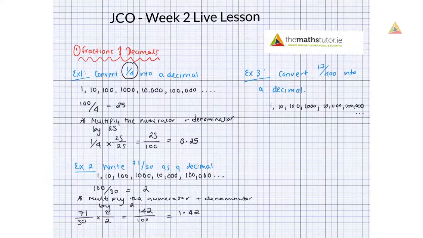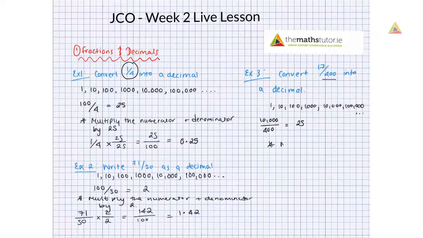Now what we need to do is we need to look at the denominator, which is 400. Which one of these will 400 go into? So 400 doesn't go into 1, 400 doesn't go into 10, 400 doesn't go into 100, 400 doesn't go into 1,000, 400 does go into 10,000. So 10,000 divided by 400, and you test that out in your calculator, it goes in 25 times.